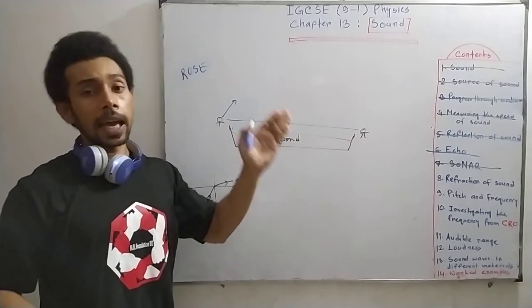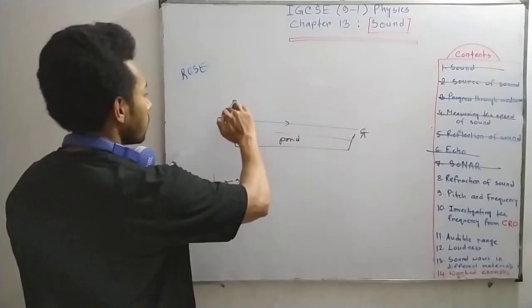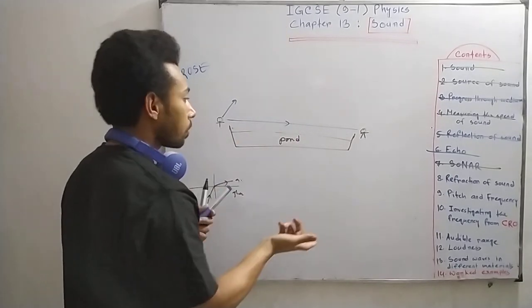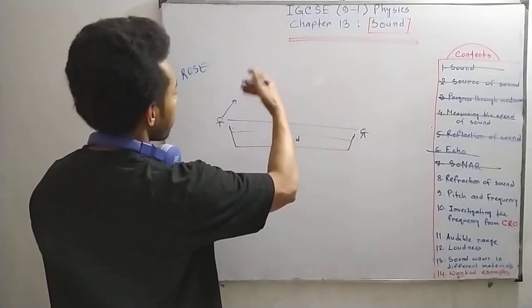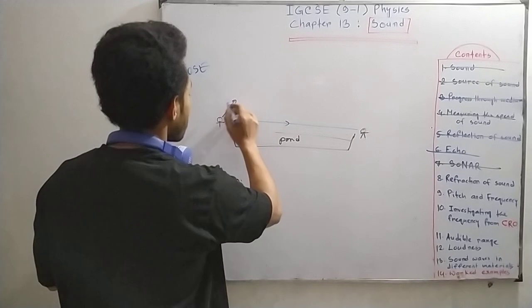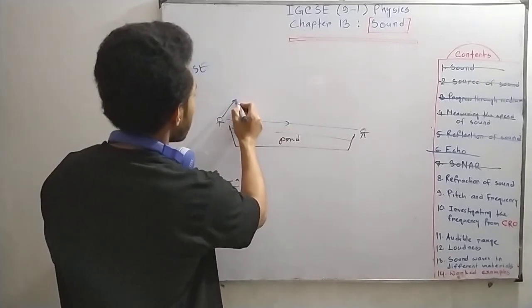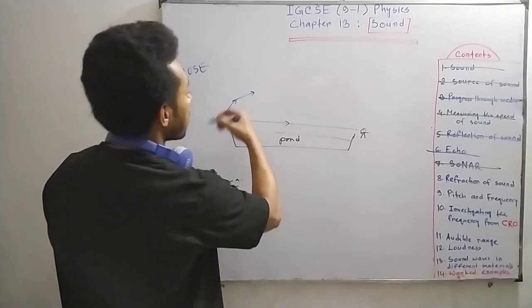The same thing happens here. When this sound is traveling in this direction, the density of the air falls, therefore it is traveling from a more dense to a less dense medium, its speed changes and it bends away from the normal, and it is refracted.